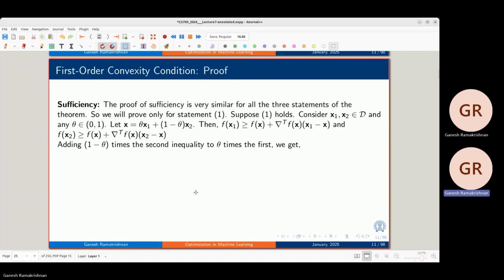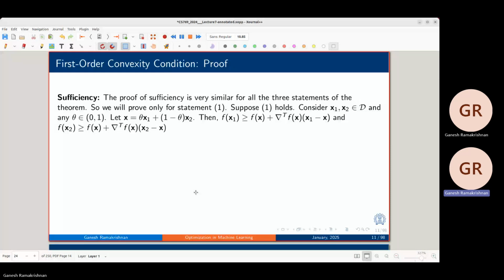With this, I'll multiply a 1 minus theta. That's the other trick. Multiply one inequality by theta, and multiply the other inequality by 1 minus theta. That's it. You'll see the whole thing unfolding on the slide. On the board, I'm just giving you the intuition.